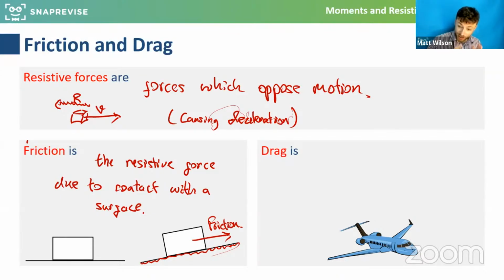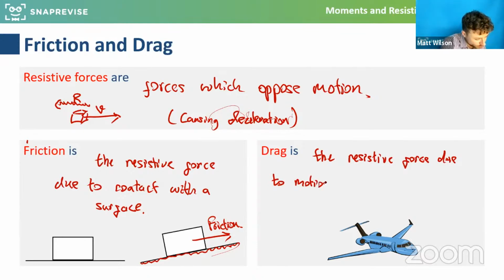So here's a different kind of resistive force, drag, things like air resistance. Drag is technically the resistive force due to motion through a fluid.